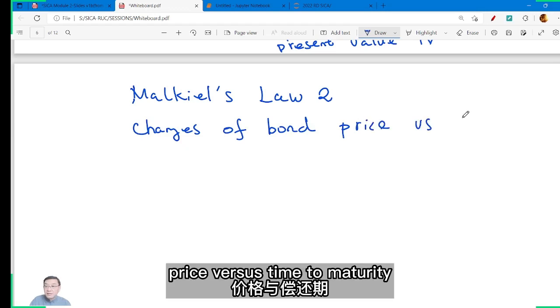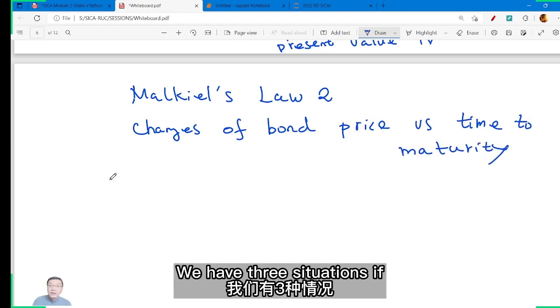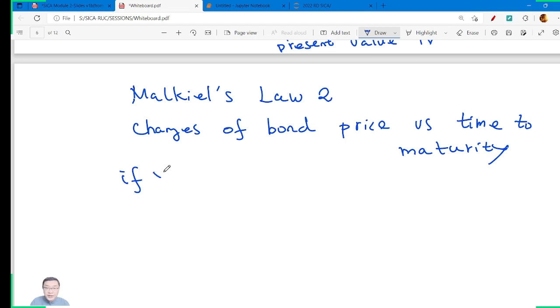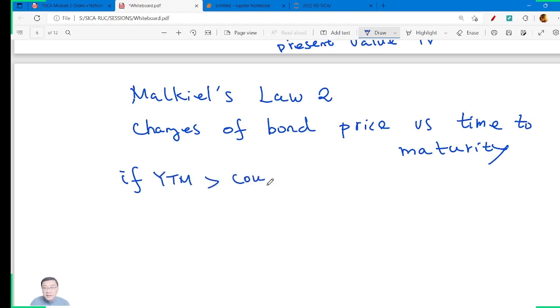Versus its time to maturity. We have 3 situations. If YTM or market interest rate is bigger than coupon rate, it's a downward trend.